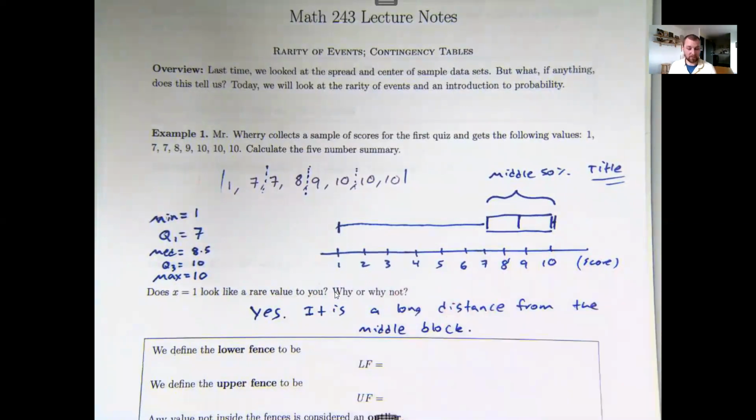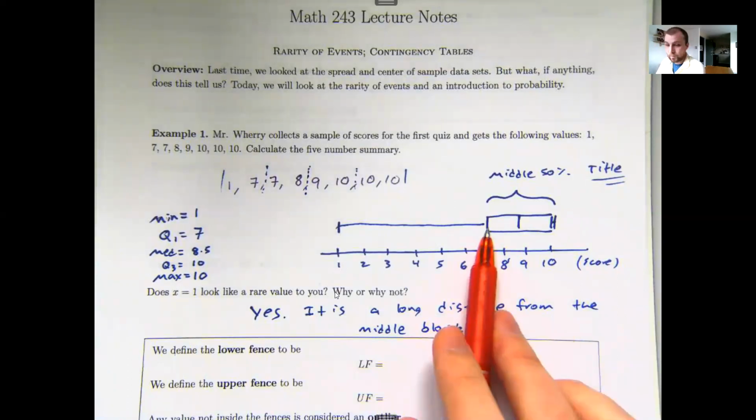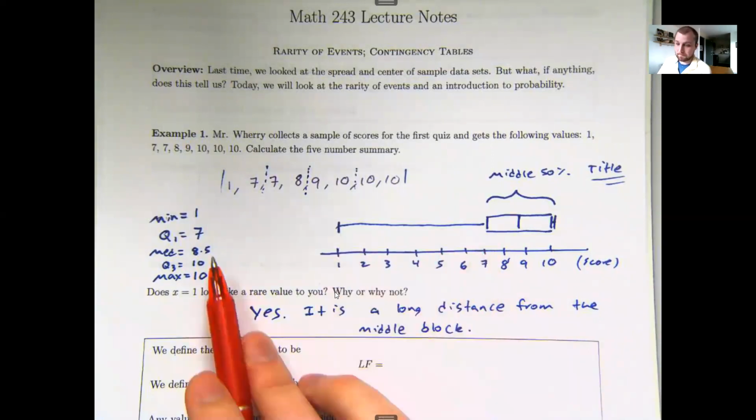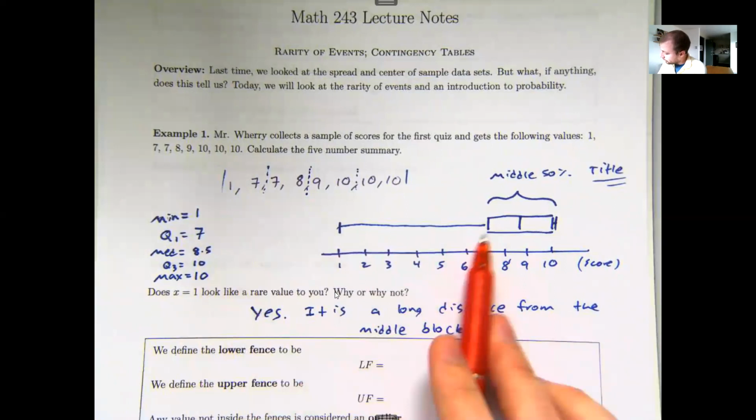Outliers are defined differently depending on the source that you look at. I'm going to go through this picture real quick, and I'm going to move my mouse until I get to a certain point in this box where we might consider it to be an outlier. So here's what I'm going to do. I'm going to start at this point of the box, and I'm going to move my pen down until I think I'm a considerable distance away.